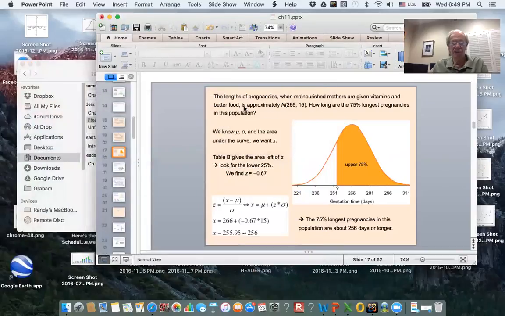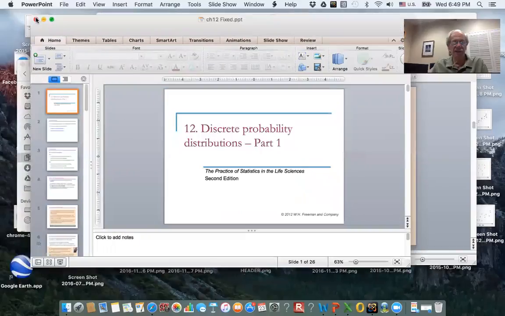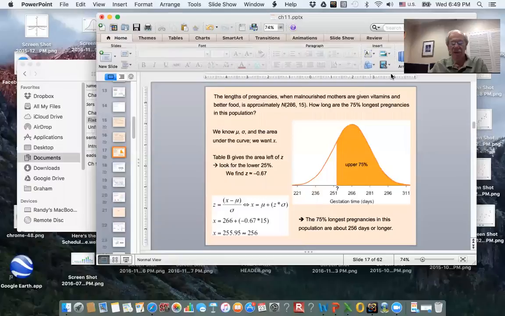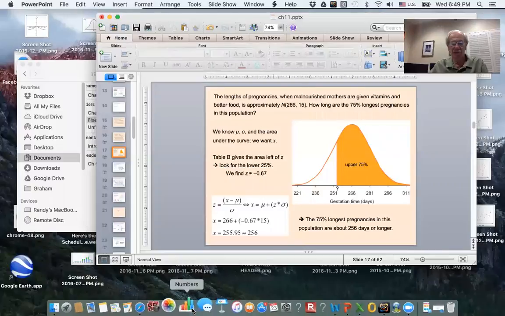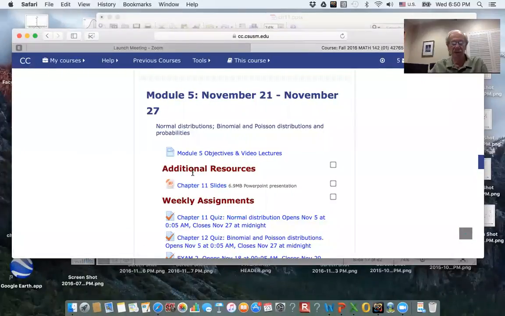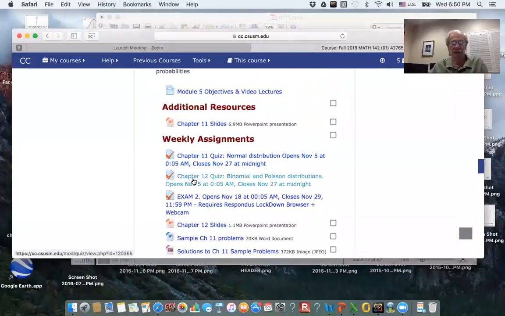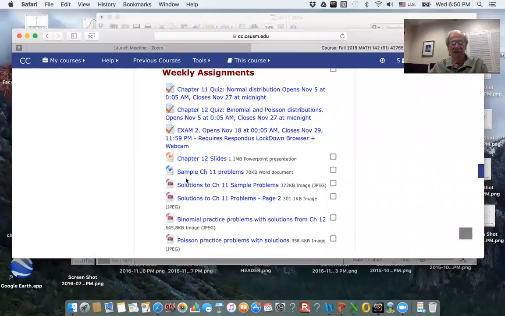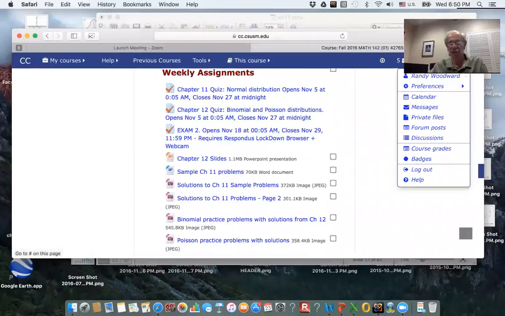Let's go back to this and get the chapter 12 slides. I think we probably only have time for one of the distributions in chapter 12, is my guess.